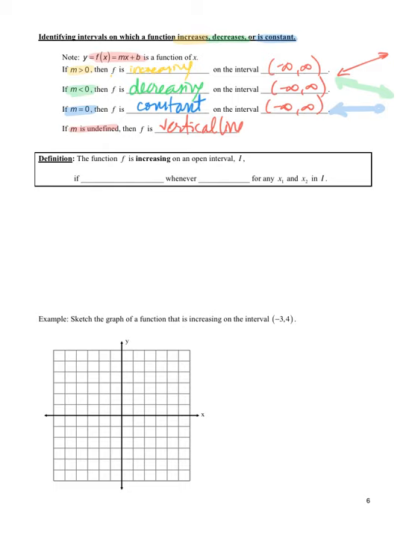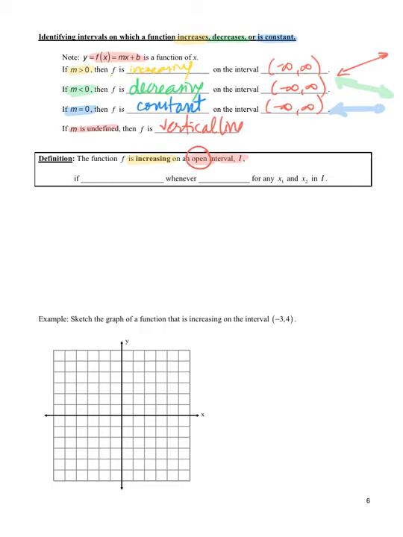So let's look at the definition of what it means for a function to be increasing. We always define a function to be increasing, decreasing, or constant on an open interval I. It must always be defined on an open interval.